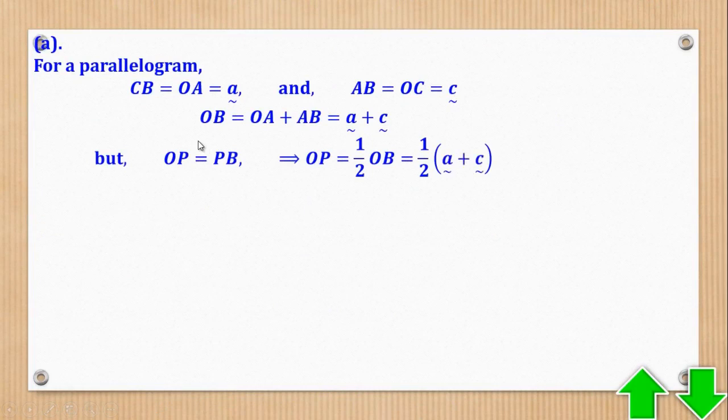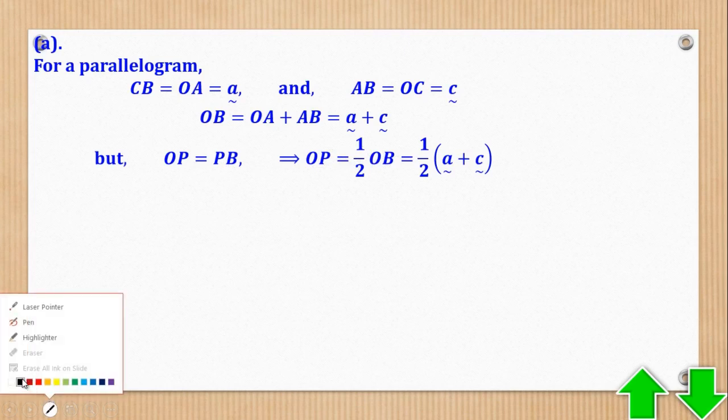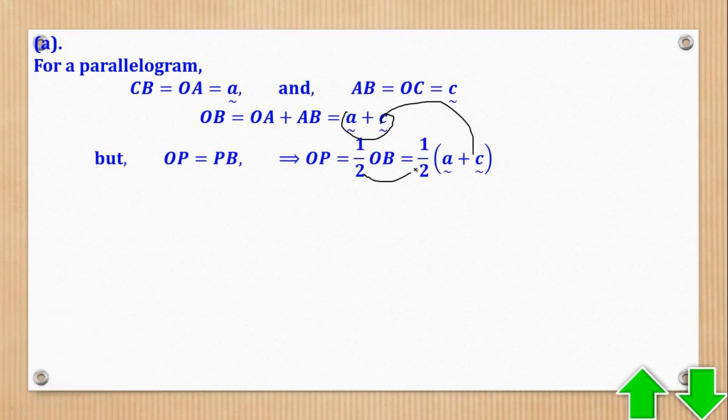But OP is equal to PB. They already told us that these are equal, meaning that OP is half of OB. Now that I've got OB, I'll put it here, then half is here, and that's what they wanted.